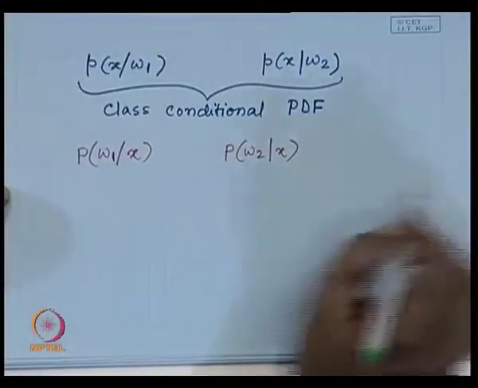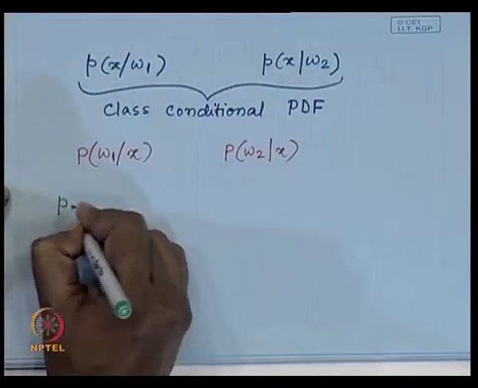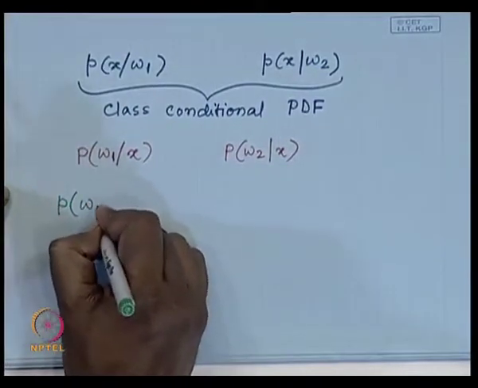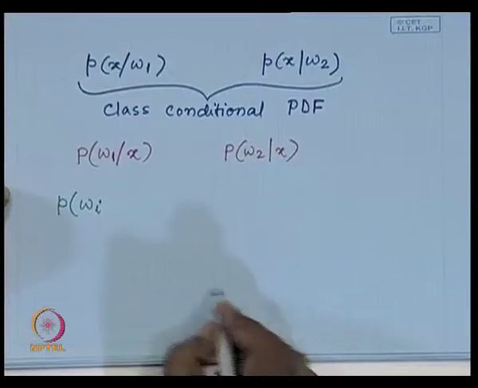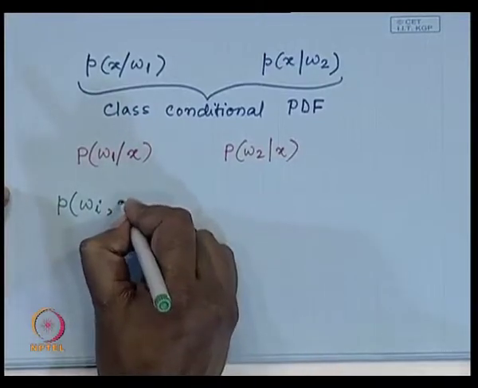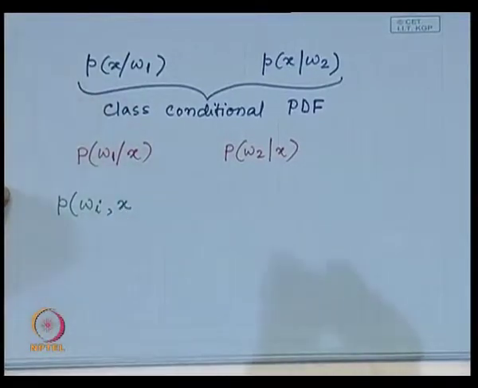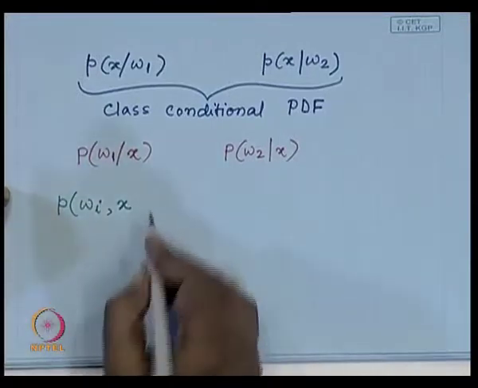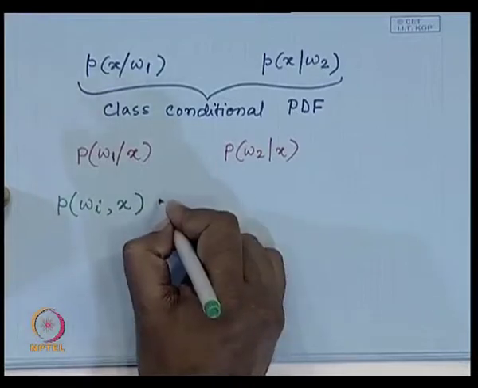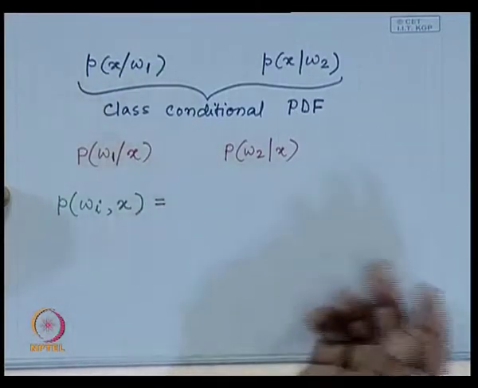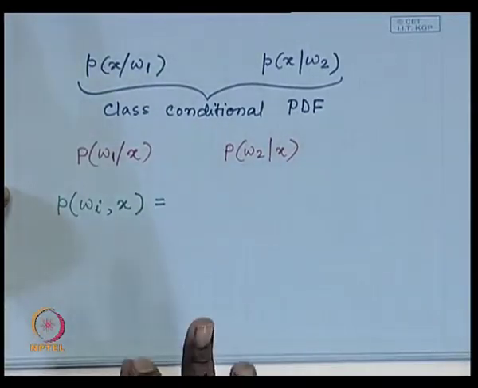This is not a class conditional probability, this is a joint probability. An object taken from class omega i that at the same time has the feature x. This joint probability density function is given in terms of conditional probability.